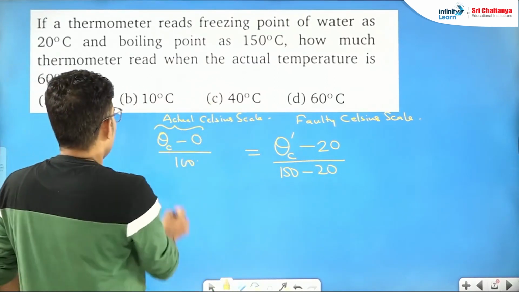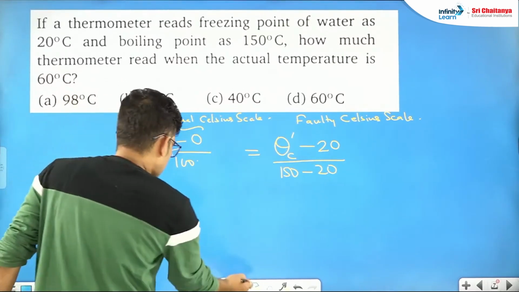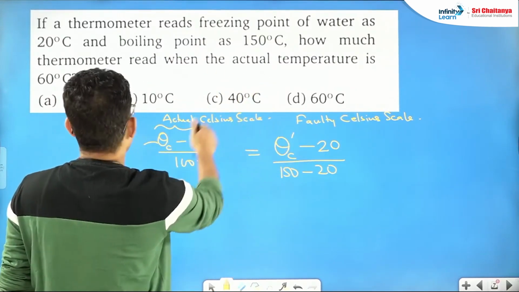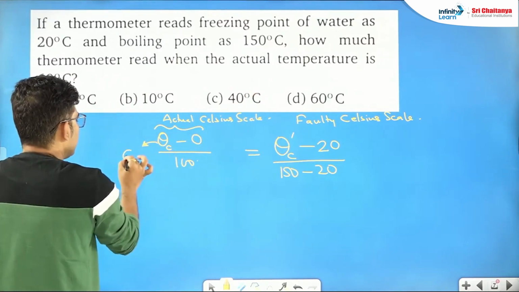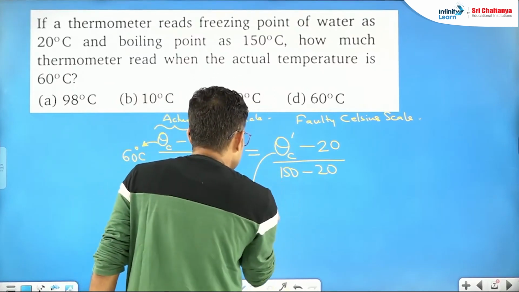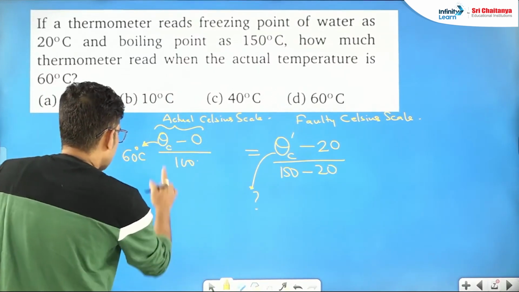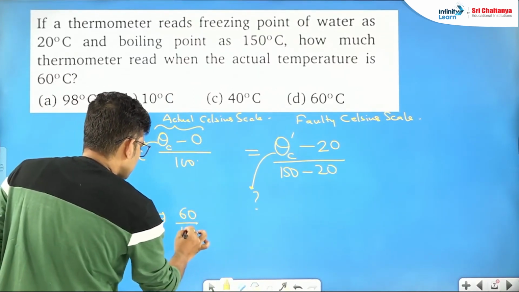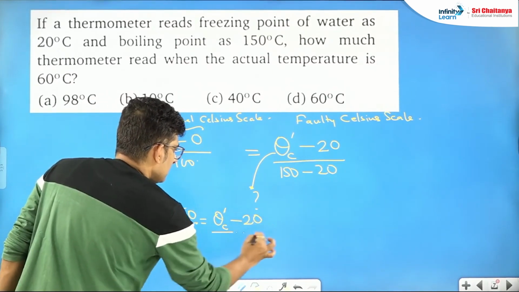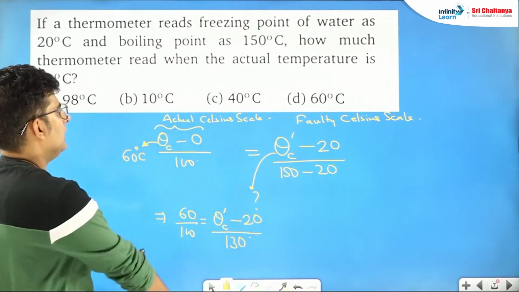So they are giving the actual temperature. How much will the thermometer read when the actual temperature is 60? So the actual temperature is given as 60 degrees Celsius, and they are asking how much the faulty thermometer will read. So we can solve from here. 60 by 100 is equal to theta c dash minus 20 by 150 minus 20, which is 130.